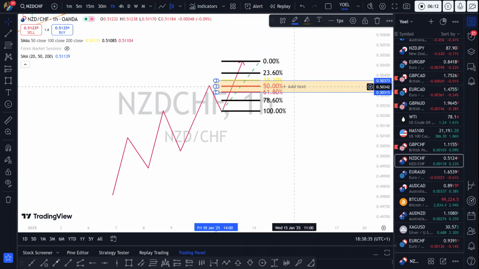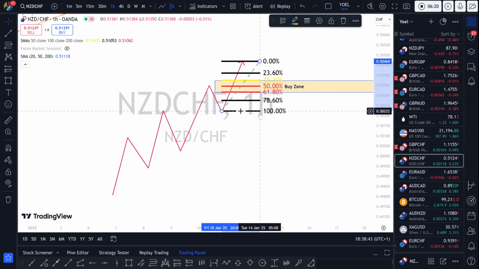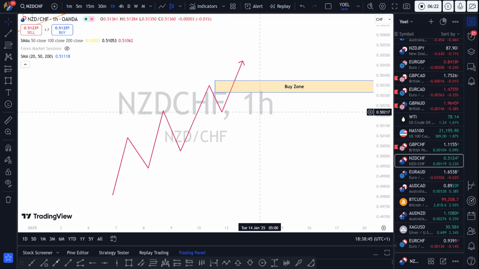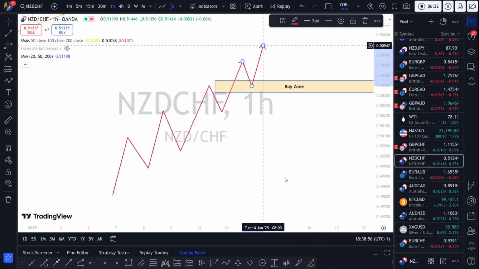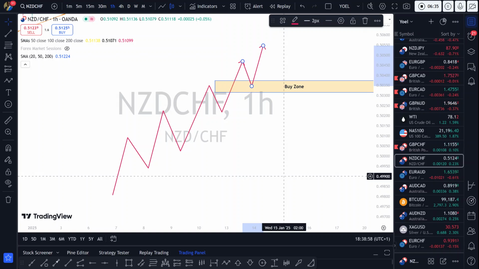And then I mark it out by zone, the buying zone. So I'm expecting the price to come down to this area and then we can go higher. This is how the Fibonacci works.